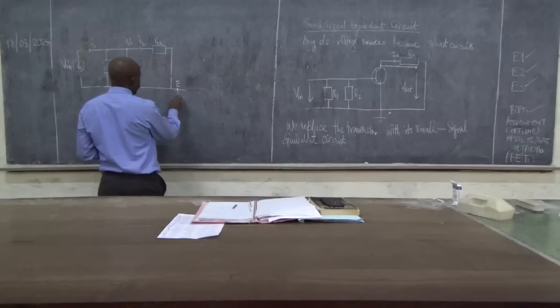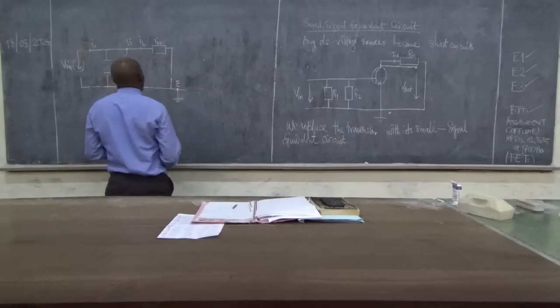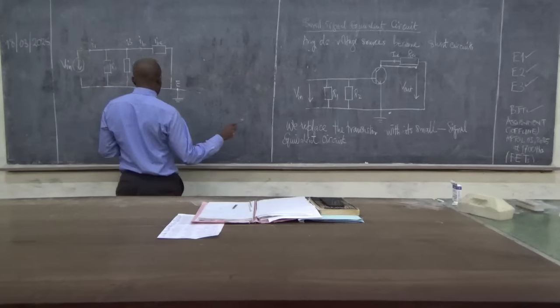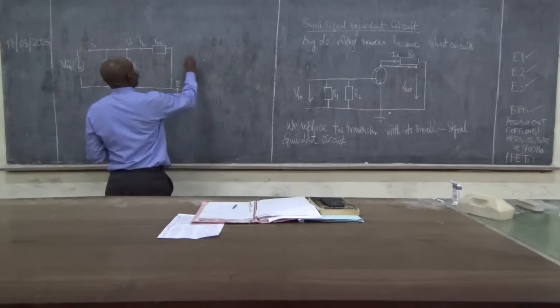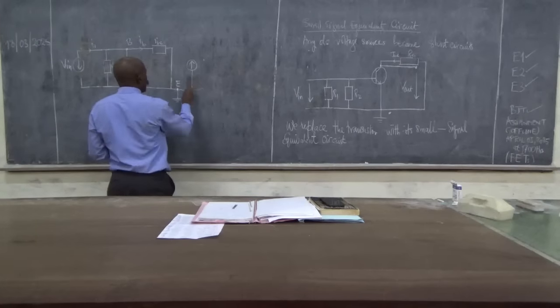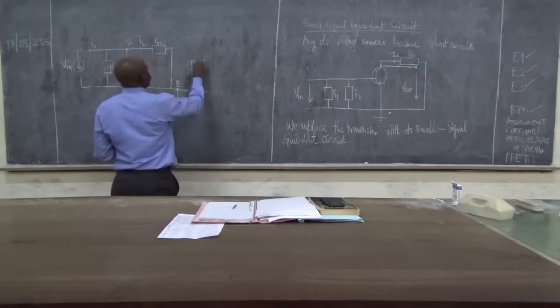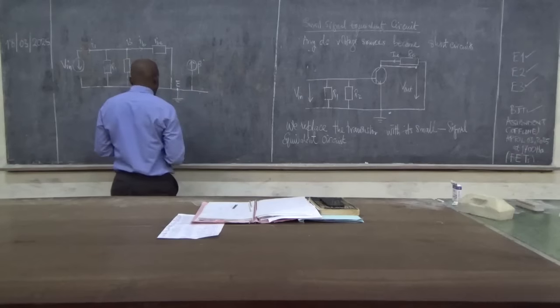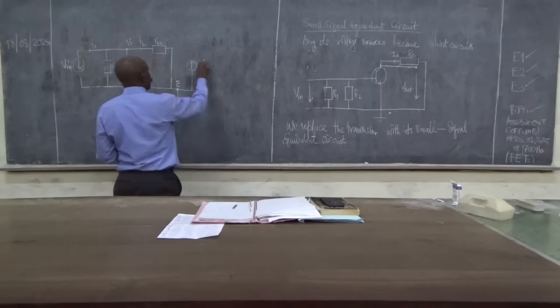And then we go to the other side, which is a combination of the voltage source given by beta IB RE.